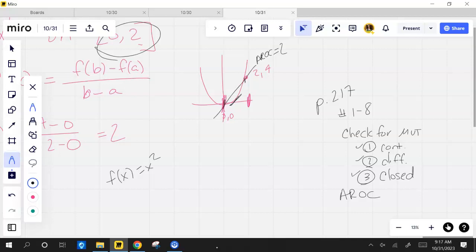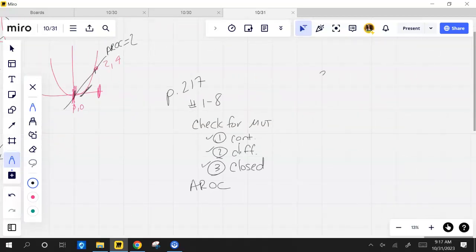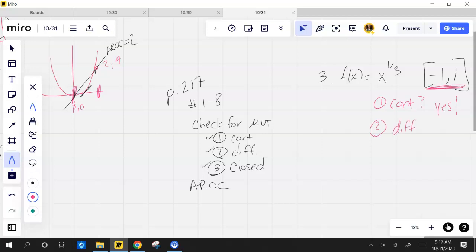So for instance, number 3. Number 3 is f of x equals x to the 1/3, and it says on the interval from -1 to 1. So I need to check all 3 of these things. Number 1, is it continuous? Yes, it's continuous, right? Is it differentiable on its whole domain here that's restricted? This is one of those special ones we talked about that's not differentiable.